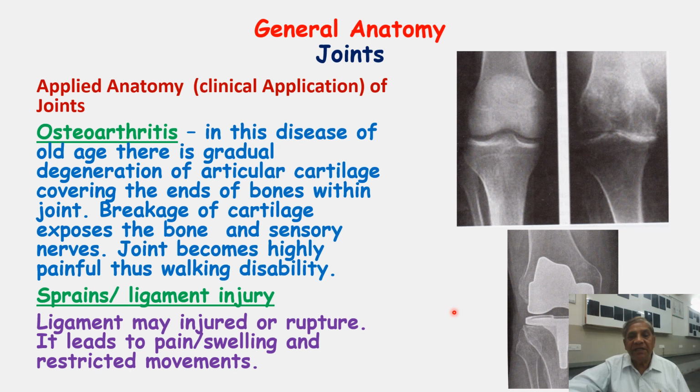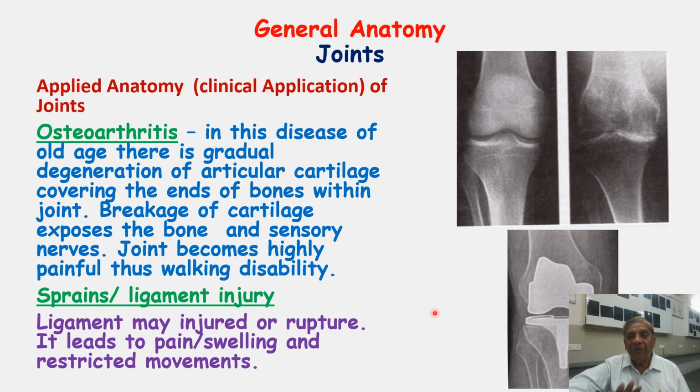Now, as I said, the ligament is having a nerve supply. Other things having a nerve supply are the articular capsule and synovial membrane; all of them have a nerve supply except the cartilage.